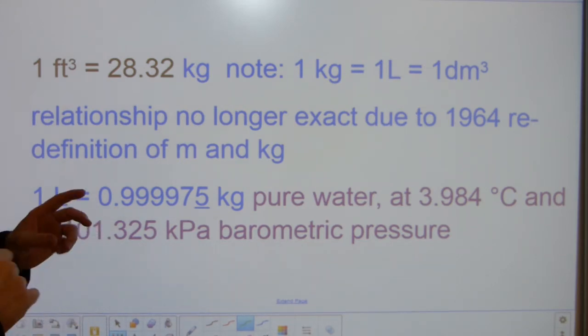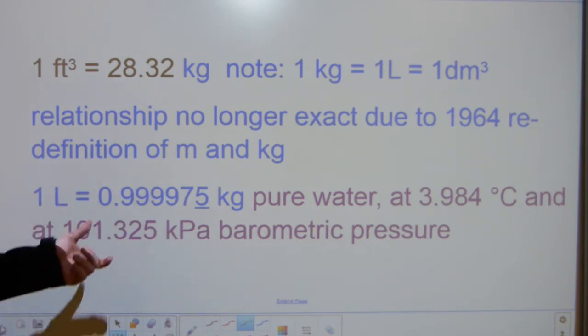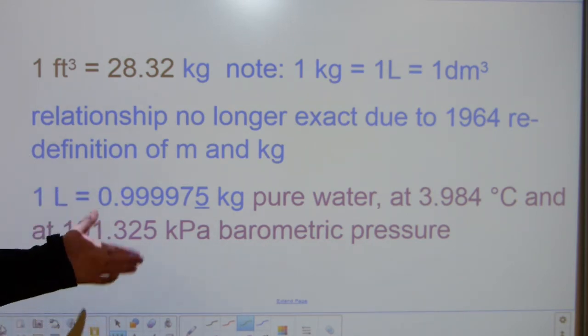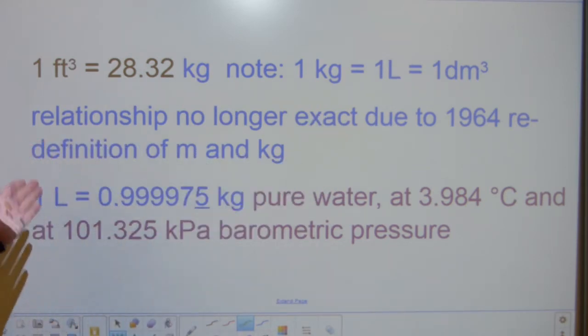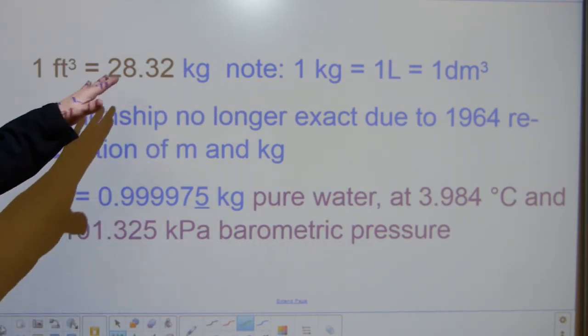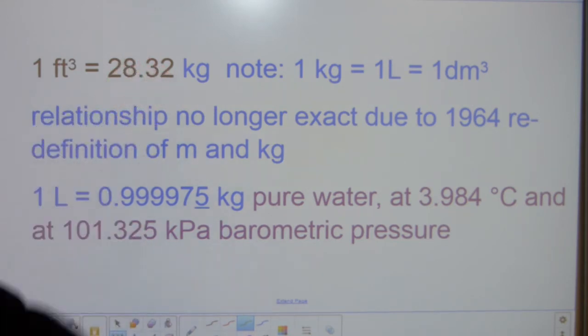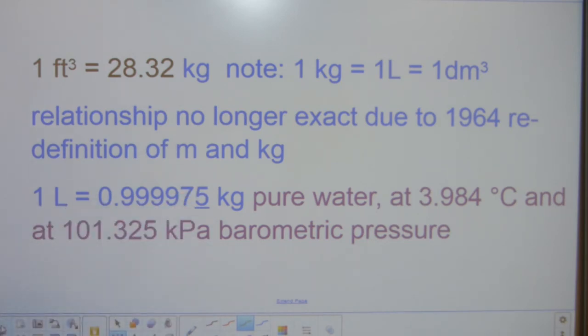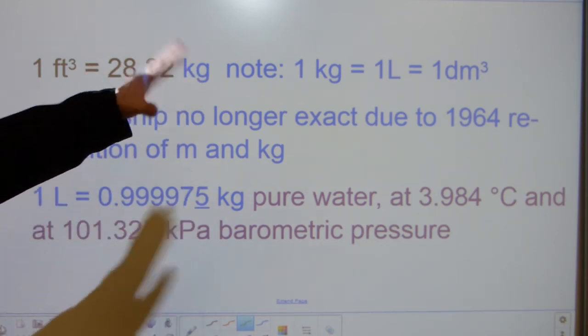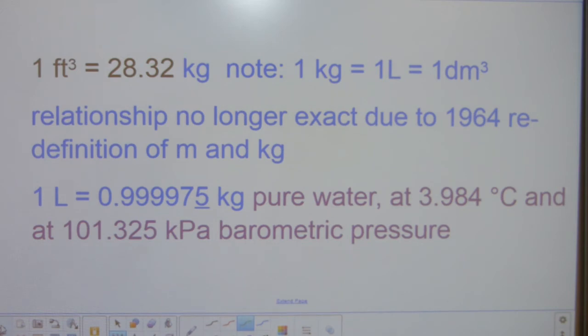They are again different, in this case not by much, but the temperature is vastly different. So the 1-to-1 relationship isn't valid since 1964, but it's close enough for most calculations. So I just left it as is. The first 2 decimal digits don't get affected because the change is in the 5th and 6th decimal place. So the first 2 decimal places just remain unaffected.